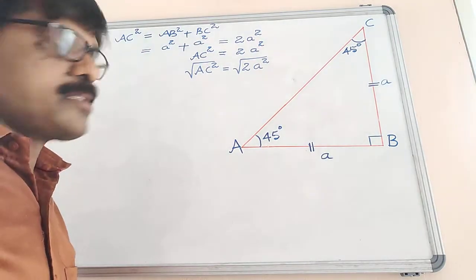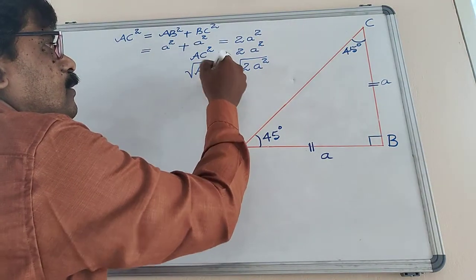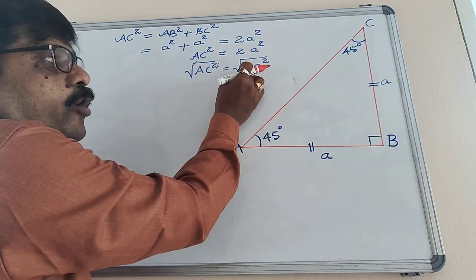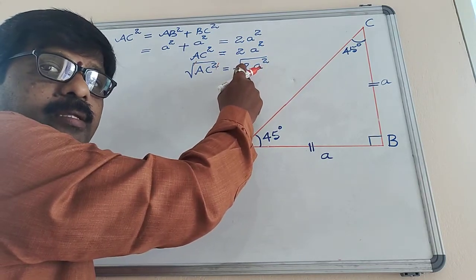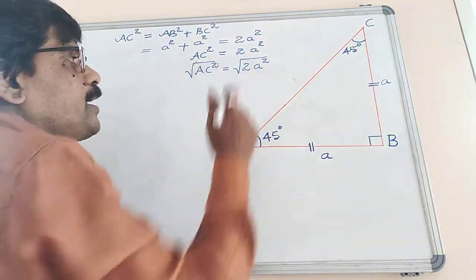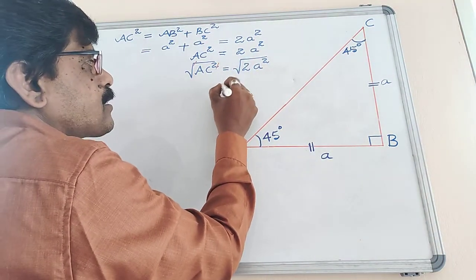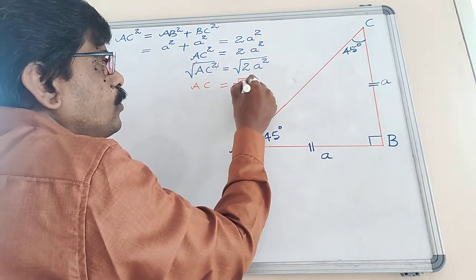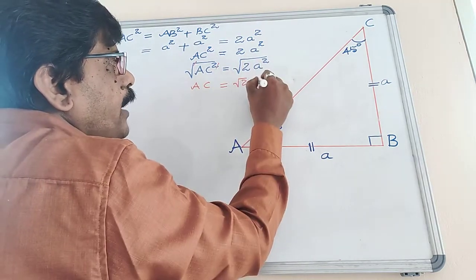But these are two terms, so it is not exactly a perfect square. Now these terms can be written as AC equals root 2 into root a square.